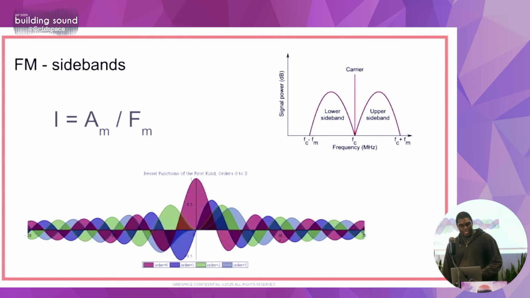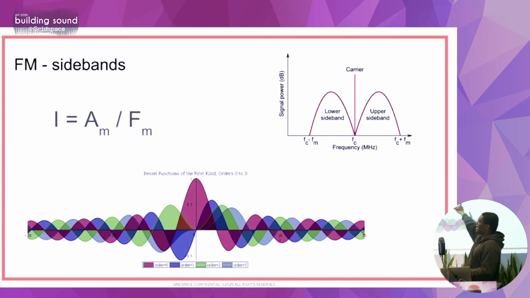So to talk about how FM synths actually make their sound, this is just in the frequency domain. You can talk about FM synthesis as adding harmonics to your spectra in multiples of your modulating frequency.